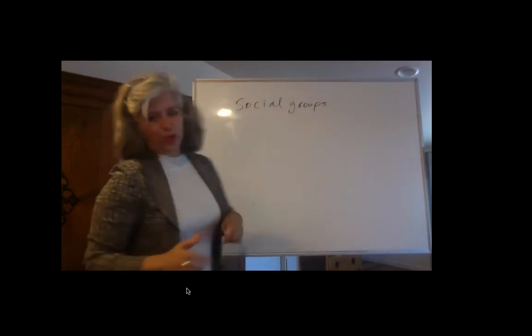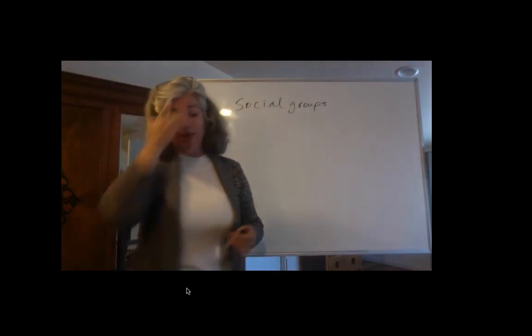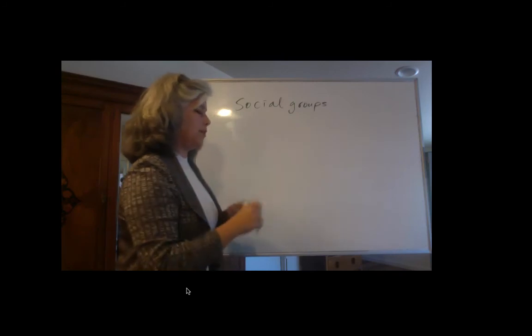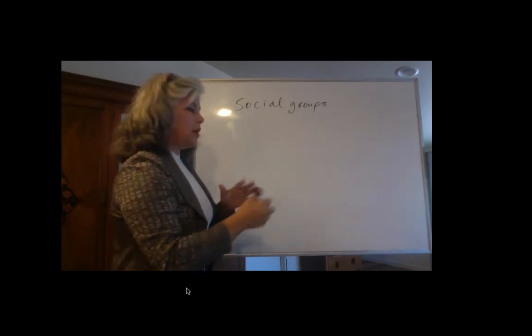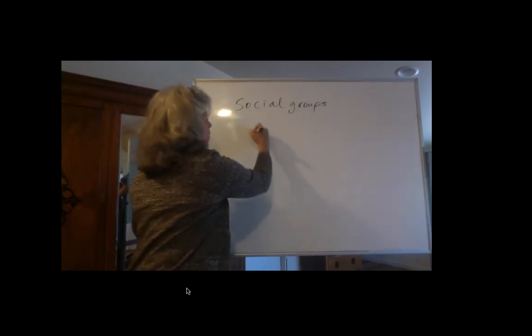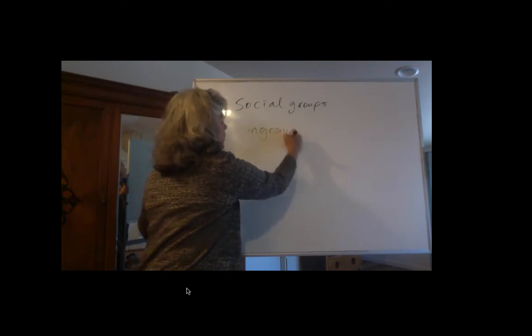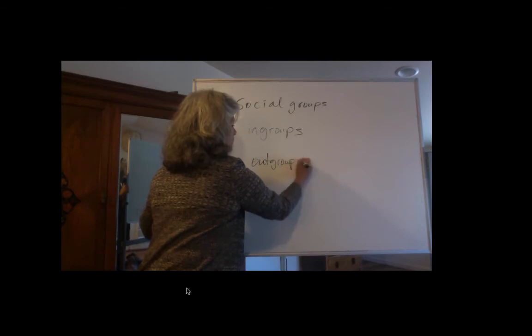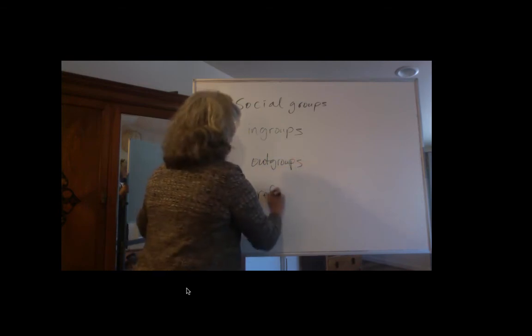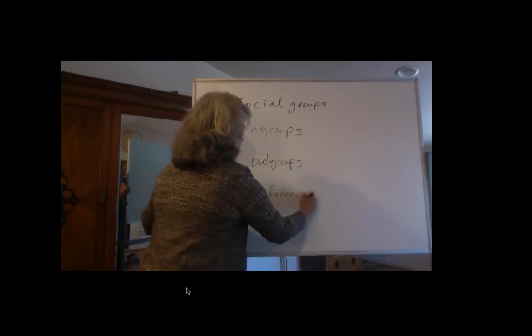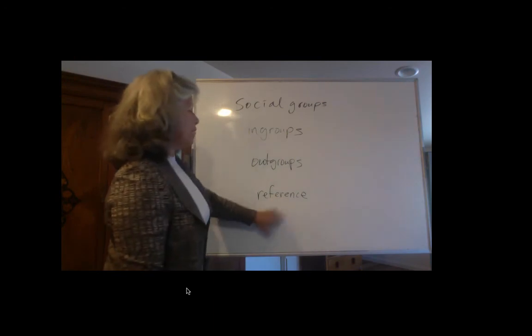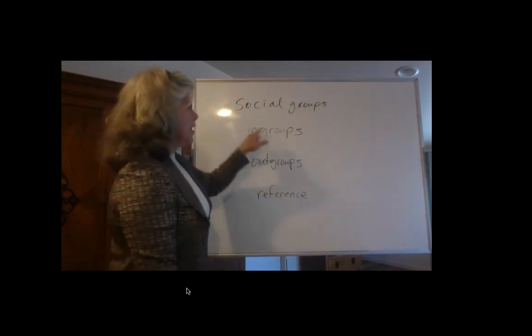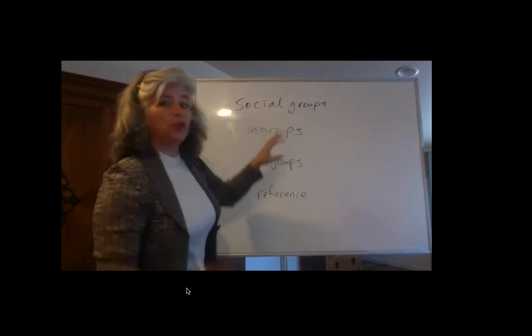Okay, one more short topic about social groups. This is branching over into Chapter 5, the sections of Chapter 5 that we're going to talk about. There are some particular vocabulary words I want to call your attention to: in-groups, out-groups, and reference groups. An in-group is a group to which you belong.